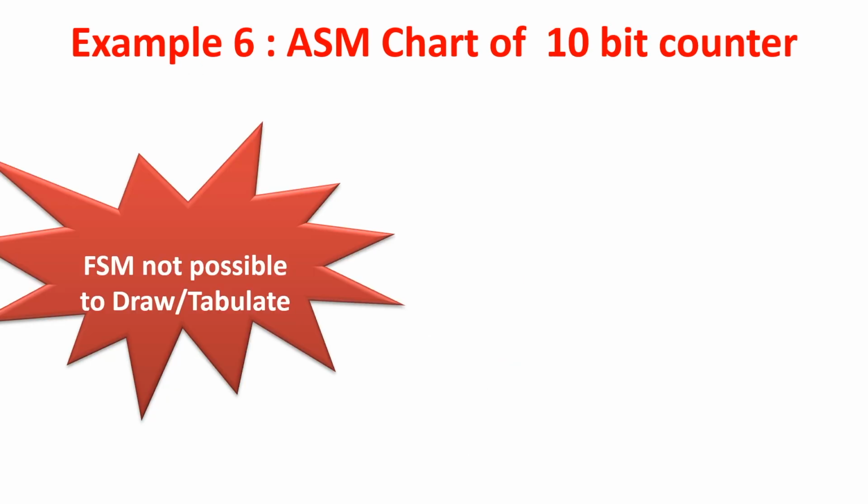Most importantly, example 6, the ASM chart of a 10 bit counter. Here what we are saying is an FSM is not possible to draw or tabulate, because a 10 bit counter has 1024 states, it is very difficult to draw. Even on a computer we can draw, but we will not be able to visualize it on our computer screen.